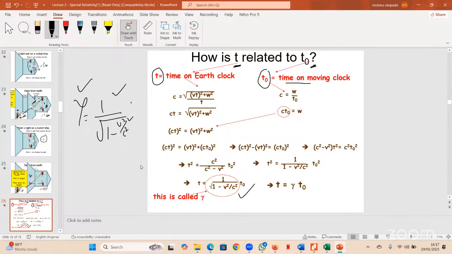Now, what you can see with the timing is this. You observe that time on the moving clock, the one in the spaceship, has additional time.